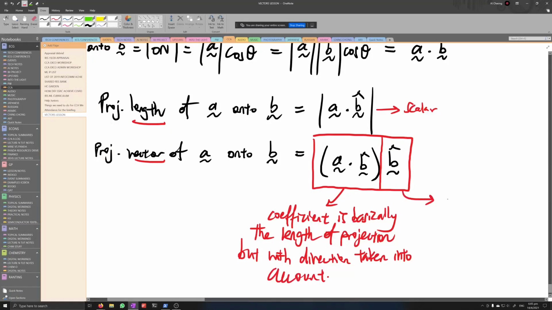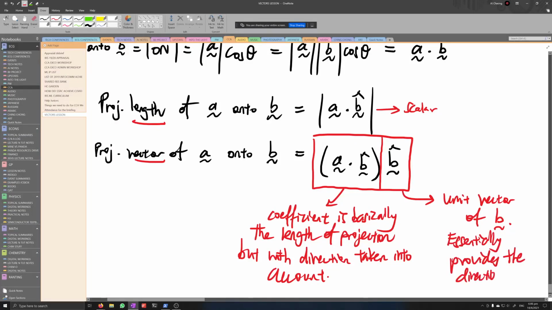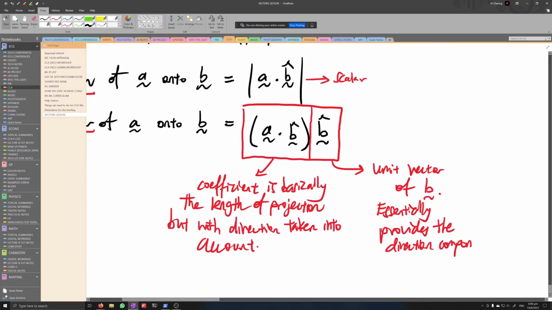Here we have the unit vector of B, which essentially provides the direction component of the projection vector.